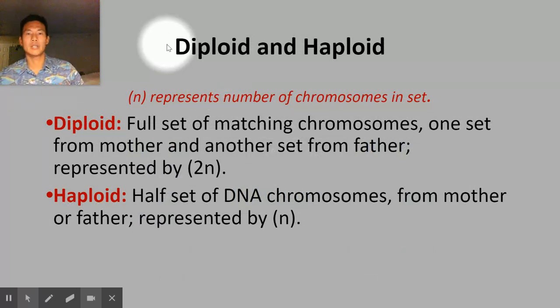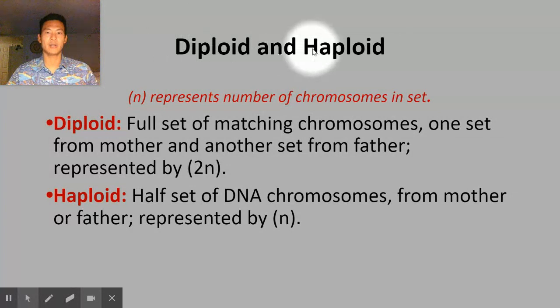Now, in sexually reproducing organisms, you've got diploid cells and haploid cells. Diploid cells have a full set of chromosomes, one set from your mother and another set from your father, and it's represented by 2n. The n represents the number of chromosomes in that species.